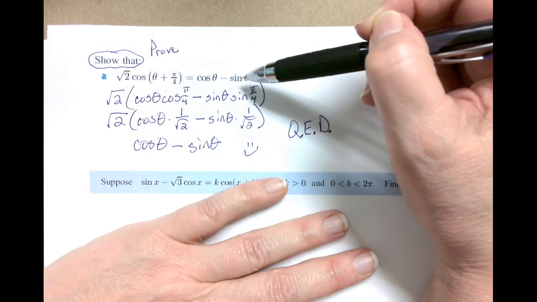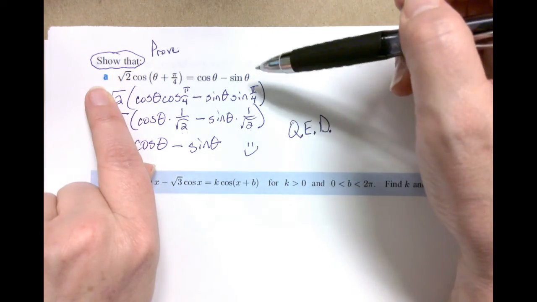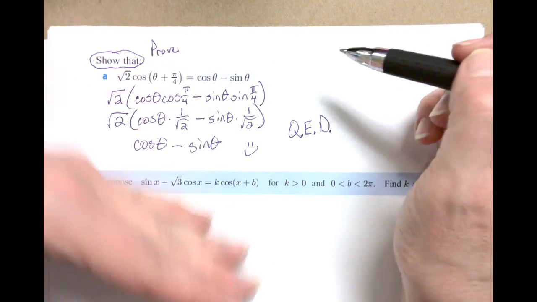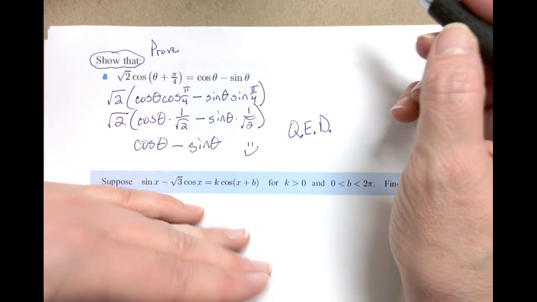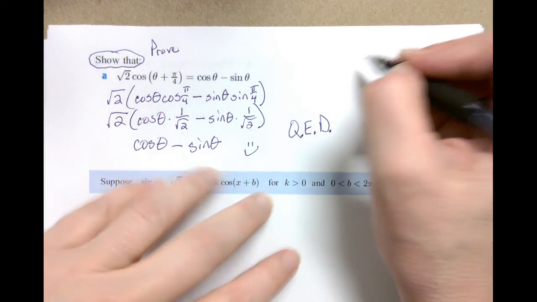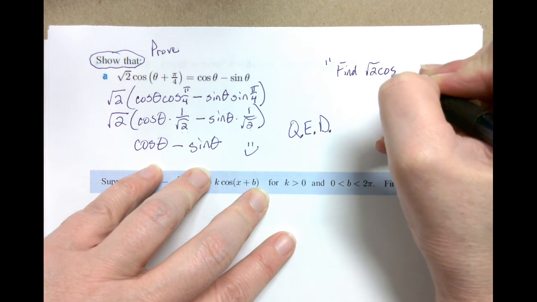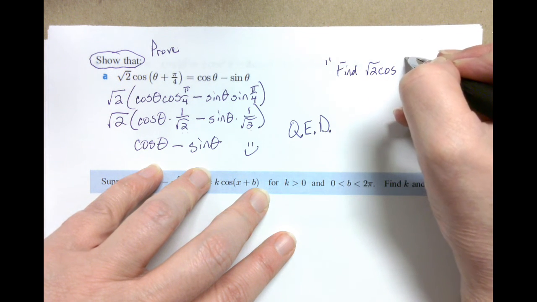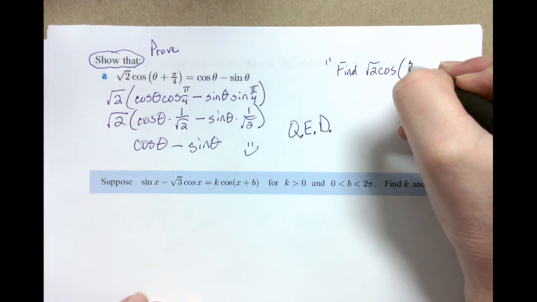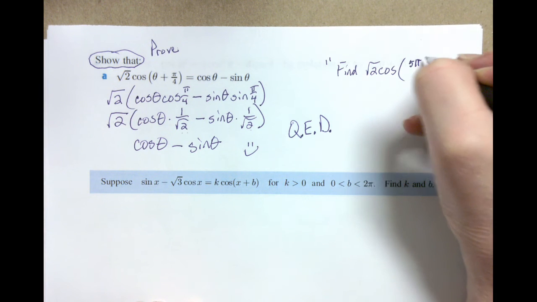This would be part A, and by the way, this was multiple problems in one, and I just chose one, but this would be part A, and part B would be, hence, find the value of square root of 2 cosine of... I'll do an easy one.